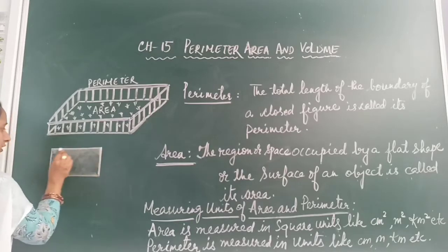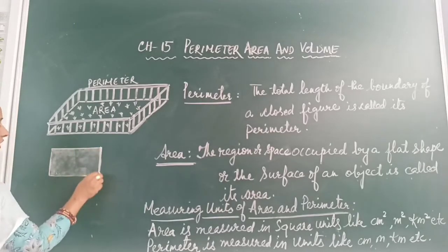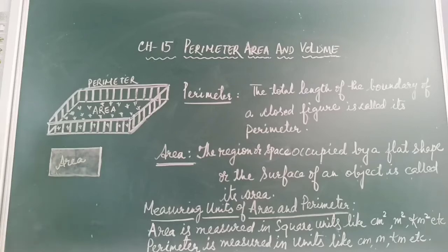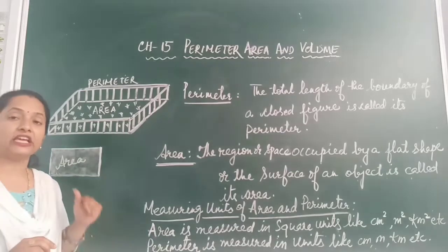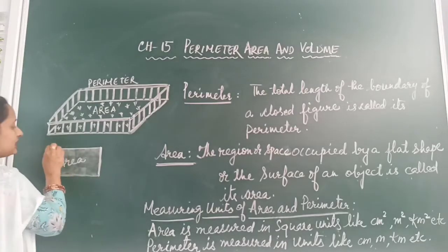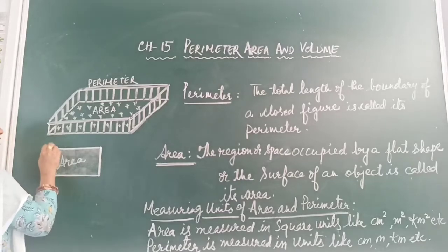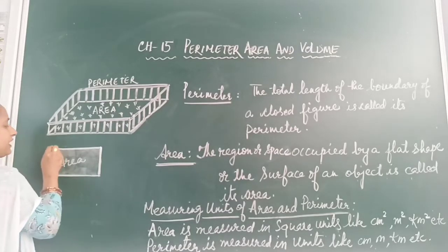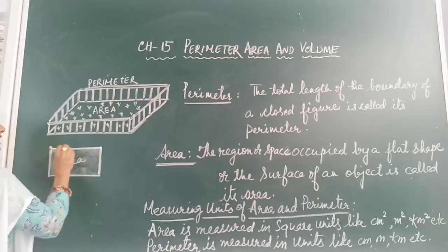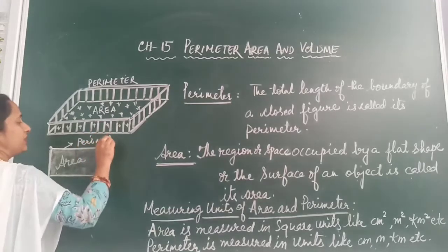Okay, so this particular region which is enclosed within this boundary of the shape will be called as the area of this particular rectangle. Whereas if you are trying to know what is the perimeter, so this is the boundary line of this particular rectangle. So if you are starting from a fixed point and trying to measure the total length of the boundary, that this boundary length will be called as the perimeter.